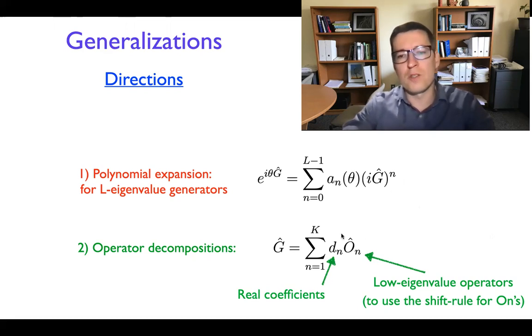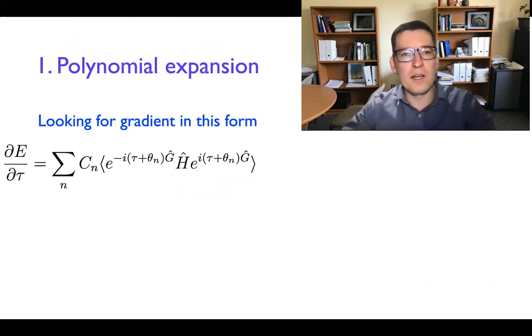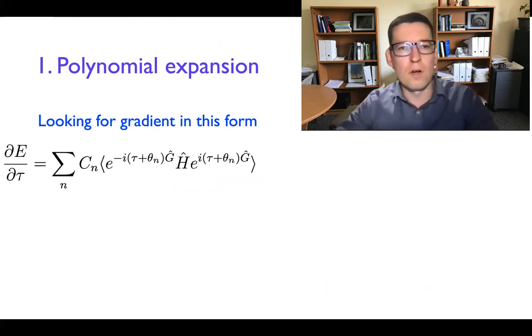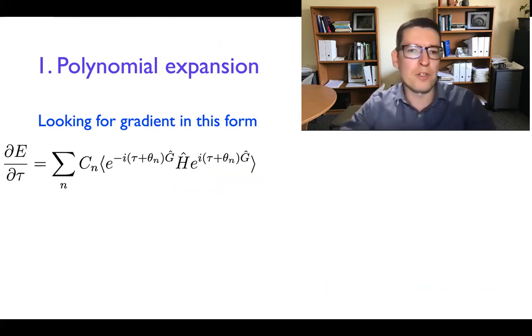Such decompositions, as you can imagine, can be useful if we can find a way to apply, say, the shift rule to these elementary operators, O_n's, and then combine the results into the gradient of the amplitude for the generator G, right? Okay, let's see how the first approach works, the polynomial expansion.